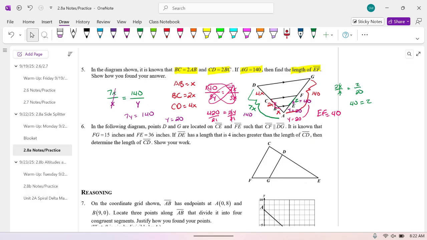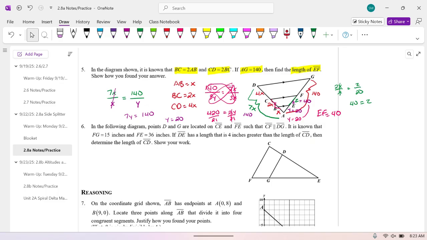Yes. Nope. This problem, you didn't need to solve for x. You just had to use it to get to the ratio. So if you knew that you could put these two over each other and that the x's canceled out, that's all you need to know. You would solve it for EF.